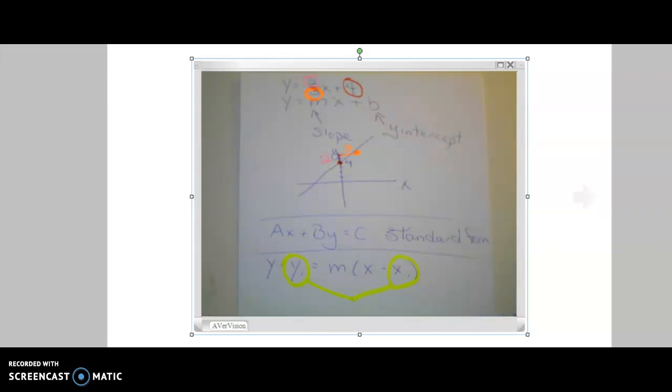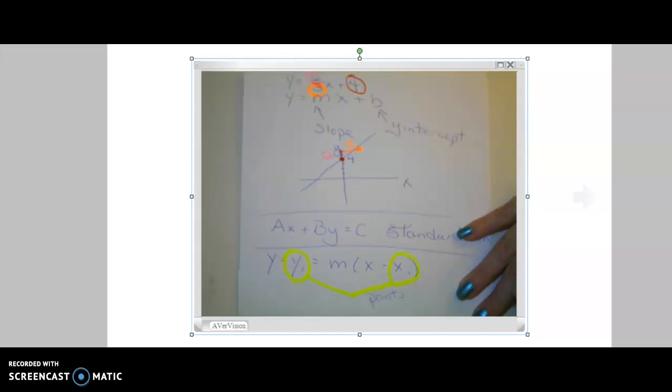Those are your points. And m is your slope.